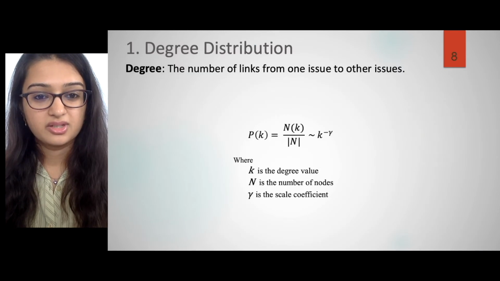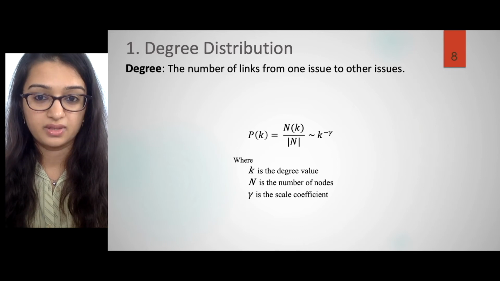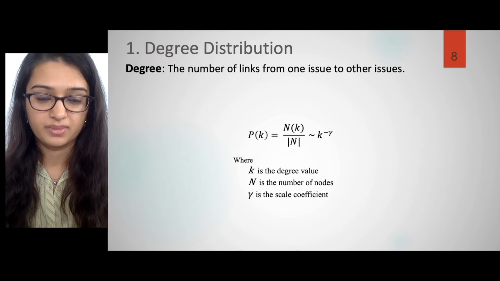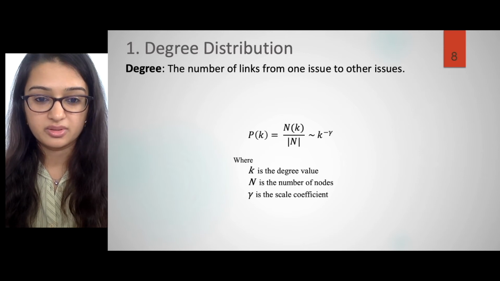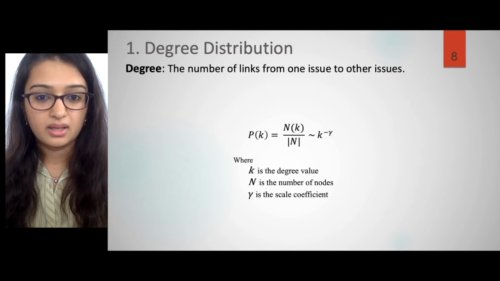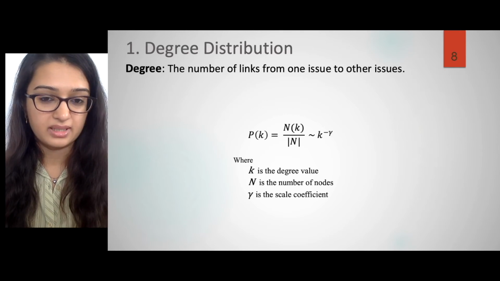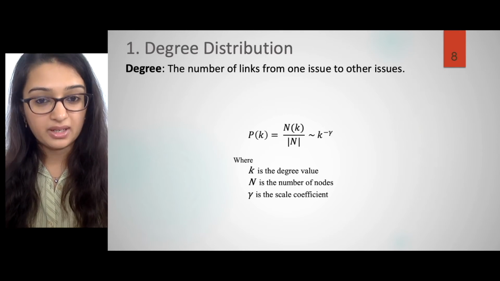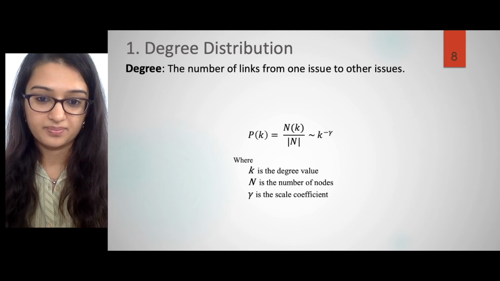To measure degree distribution, we must first understand what the degree of an issue refers to. It is the number of links from this issue to other issues. The probability of a degree in a network is given by the total number of nodes that contain that degree divided by the total number of nodes in the network, and has been found in prior work to be an exponential value of the degree itself.